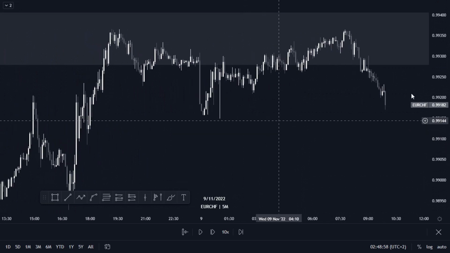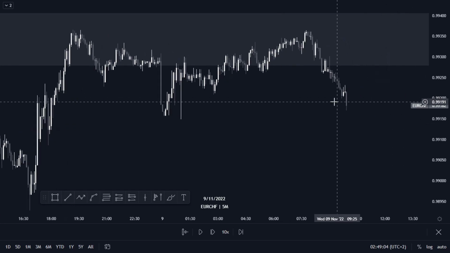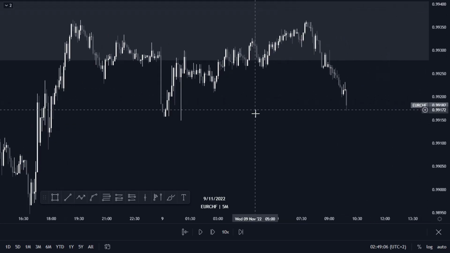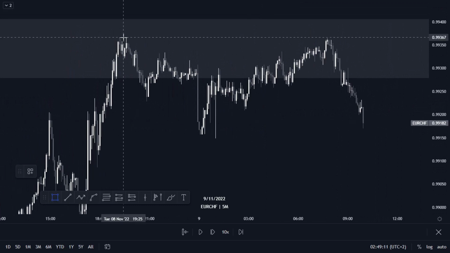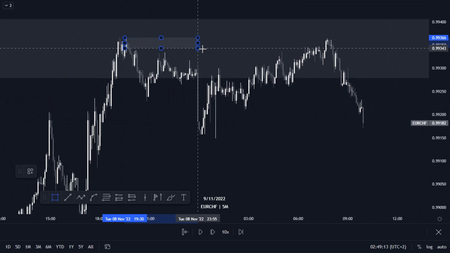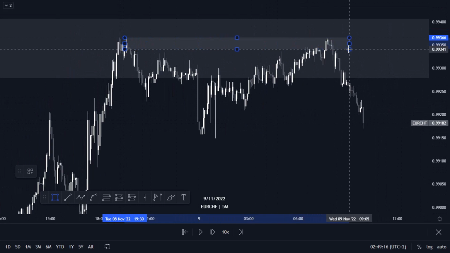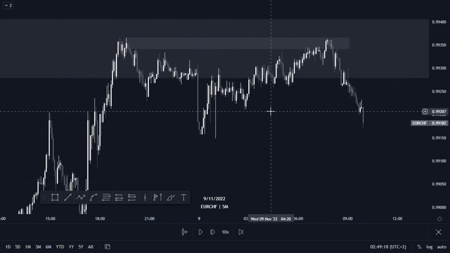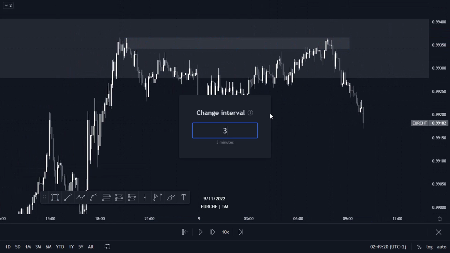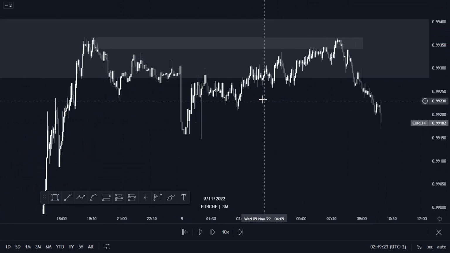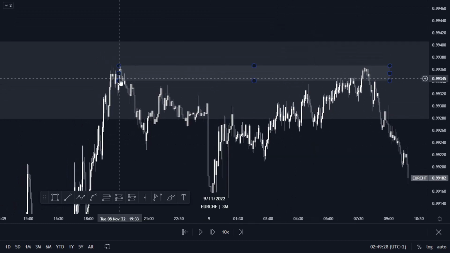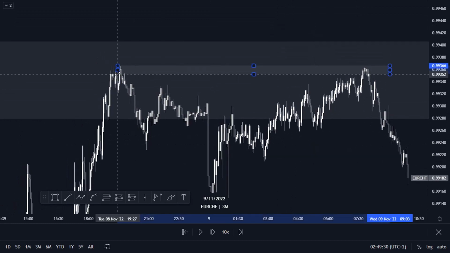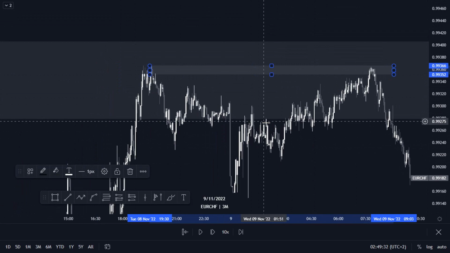Okay, so initially I can see we have this supply here. Moving to the 3-minute chart. Okay, so I can see we have this last bullish candlestick here.